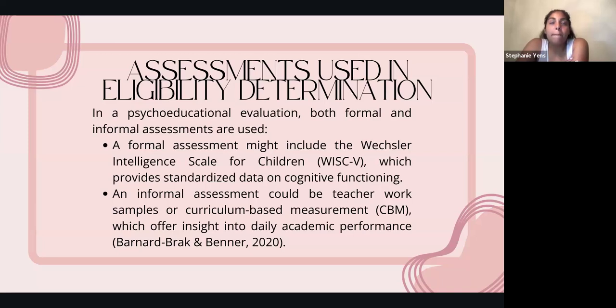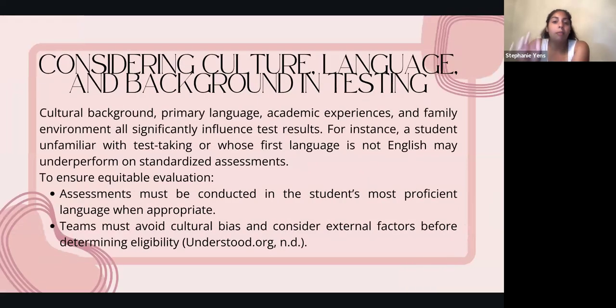So this could be everyday work that they do in the classroom, journaling, or if they are taking a math test or working on a math assignment, that can all be used to determine their eligibility for the special education program.